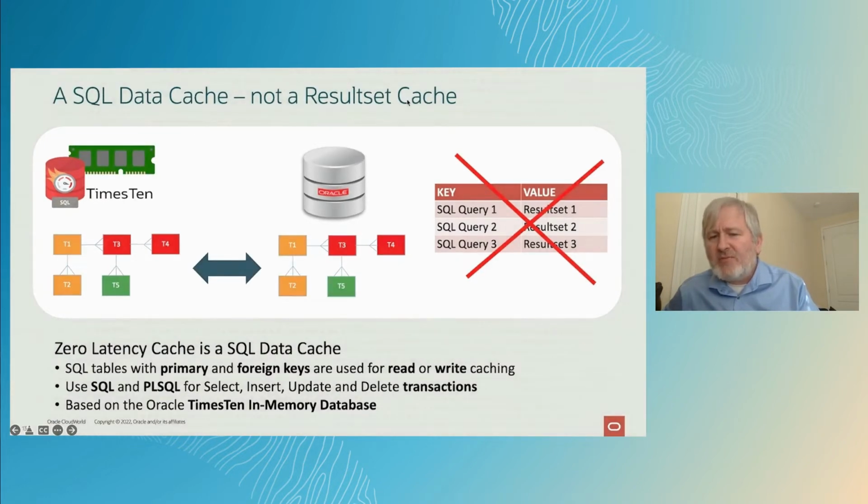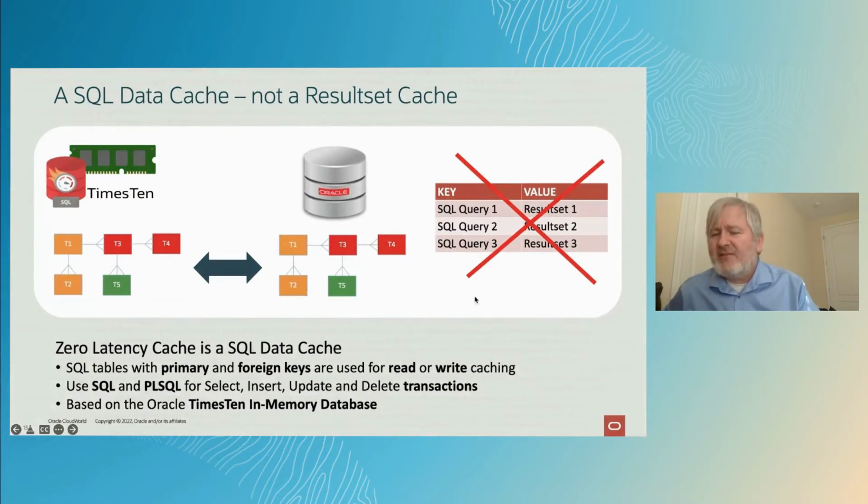A lot of people use result set caches because they're easy to understand and they're easy to build, but in practice, they're not actually that useful. Most result set caches either use key value databases or document databases where you store a SQL query and the corresponding result set. That works for very limited cases, but not in the more general case.